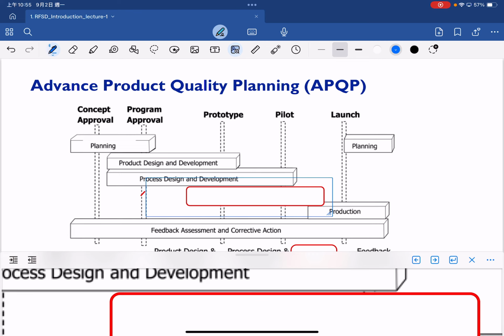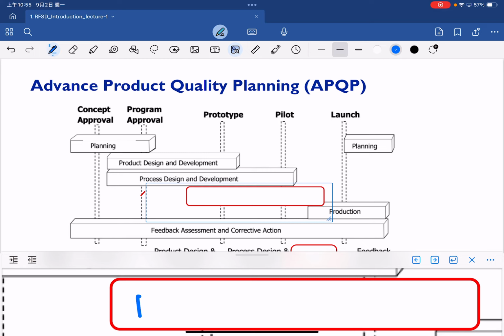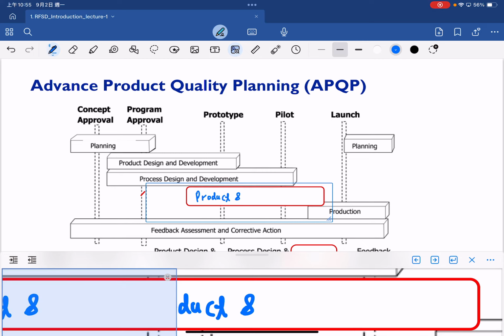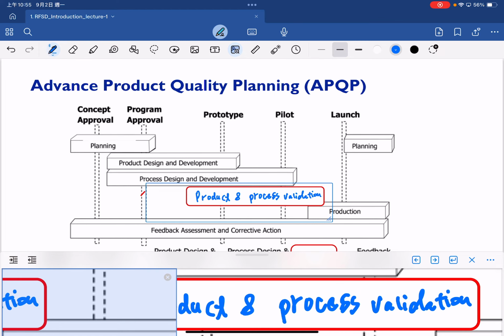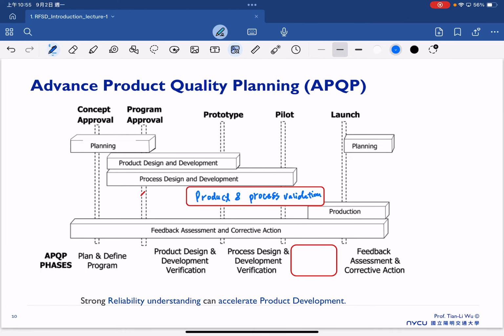process validation. We have product and process validation, and afterwards the process design and development verification. Then we have this one, which is important before we launch our product: product and process validation again.